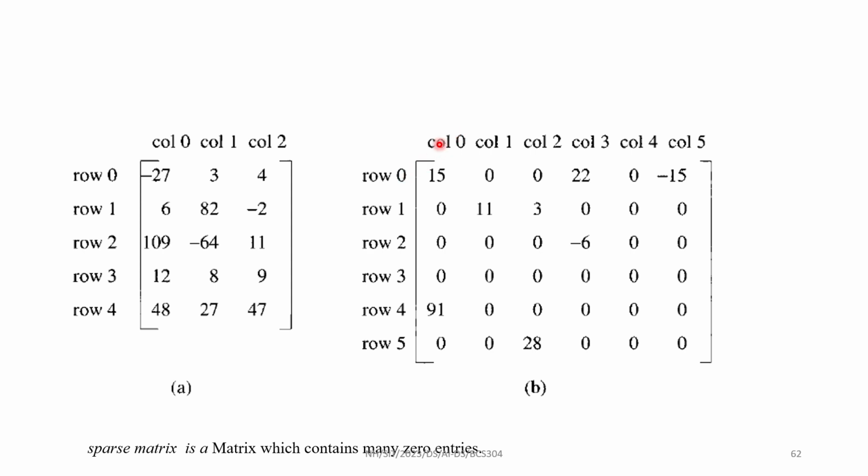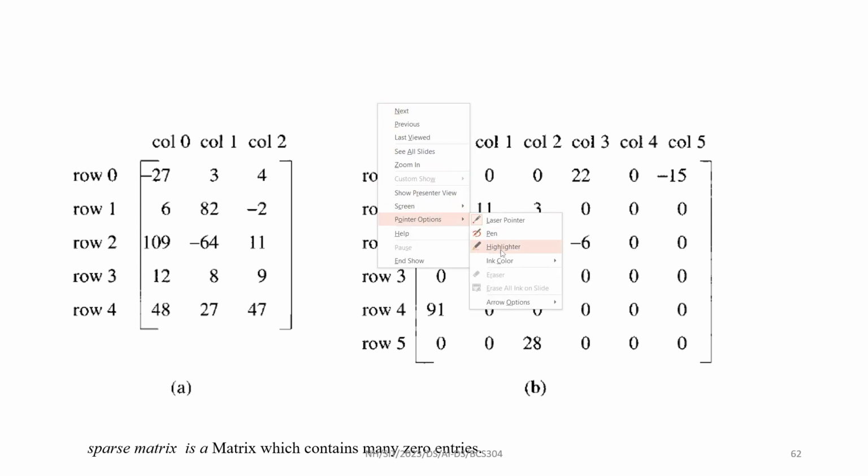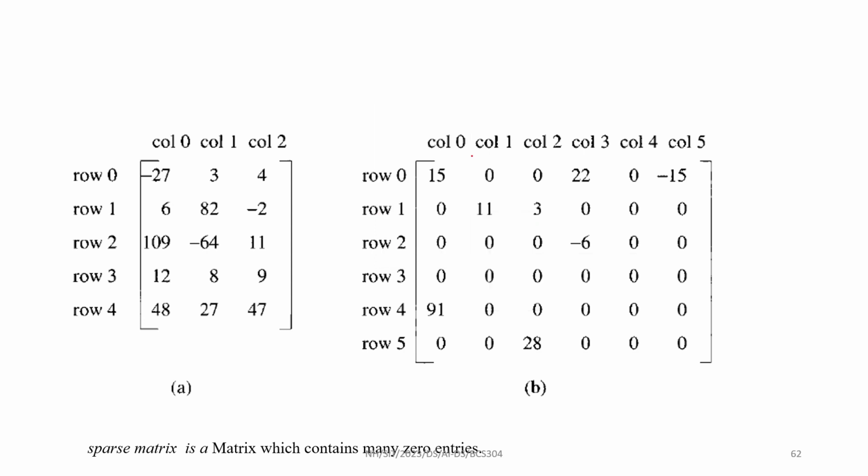Because it is in column 0, and the value is 15. One such entry is 0, 0, 15. For example, this 28 is written as: it is in row 5, column 2, and the value is 28.